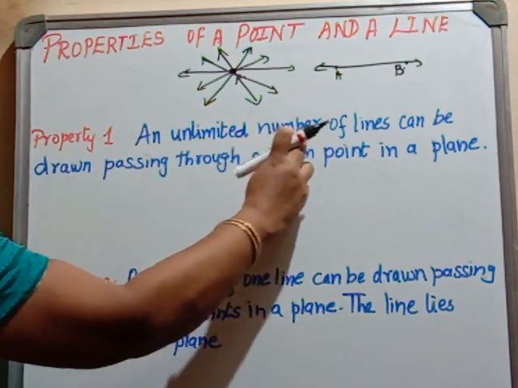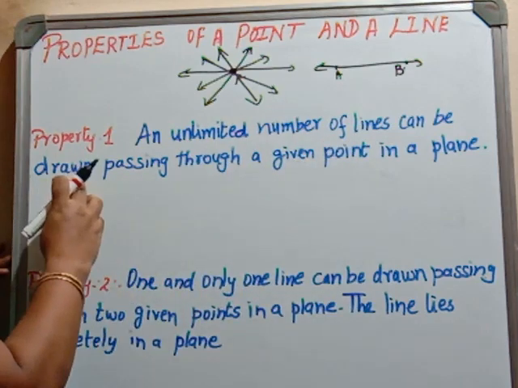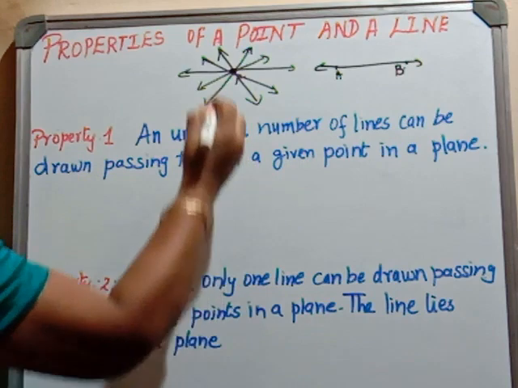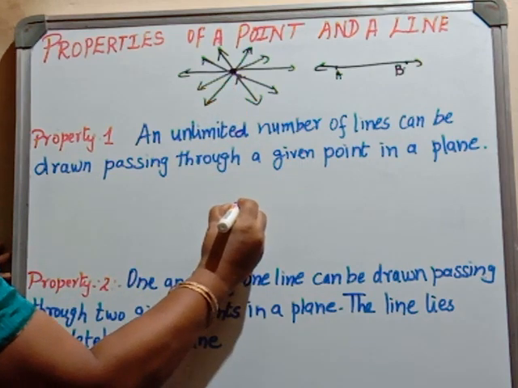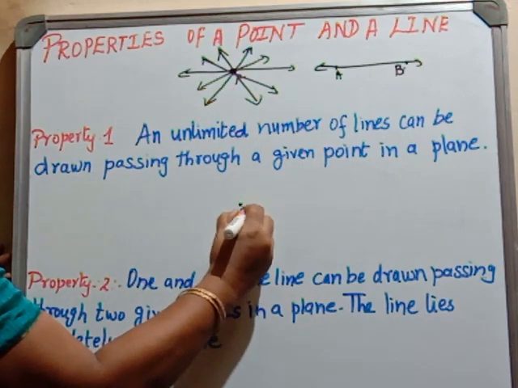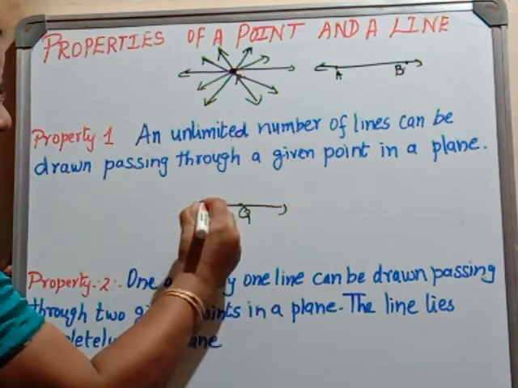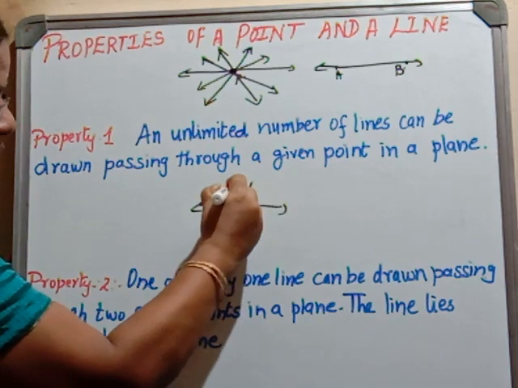An unlimited number of lines can be drawn passing through a given point in a plane. Like that only. Here I will keep Q. How many lines can you draw? Unlimited lines you can draw passing through that point.